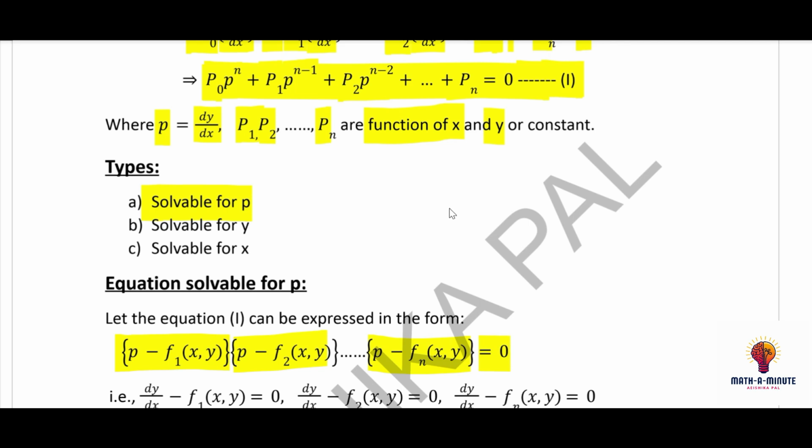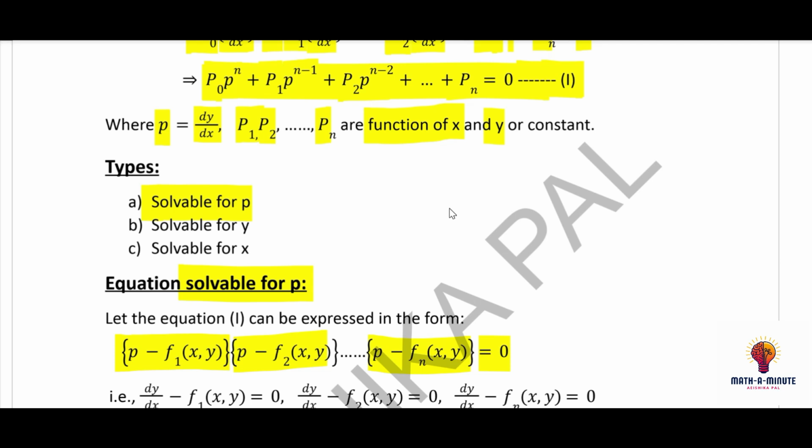If we can write this differential equation in this way, then we can use this method, solvable for p. Otherwise, we have to apply a different method. First we learn how to apply this method.